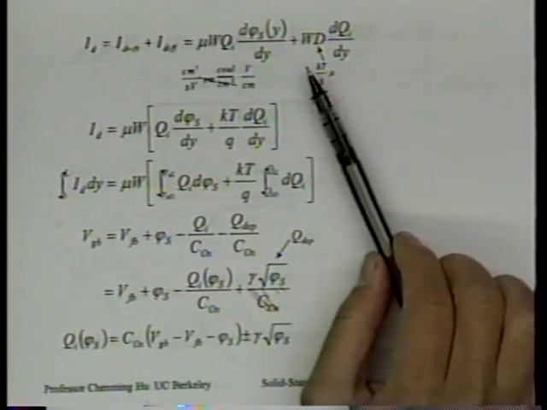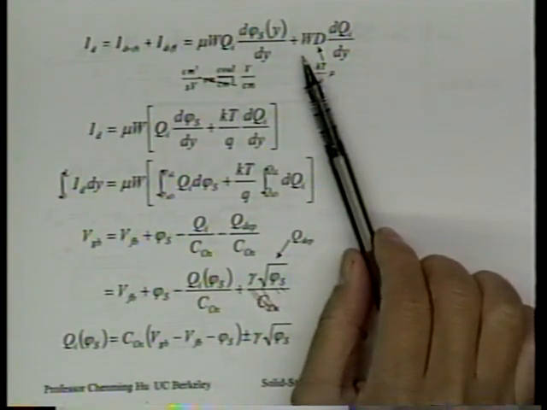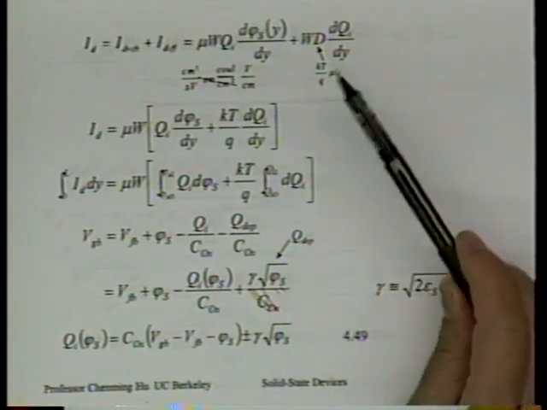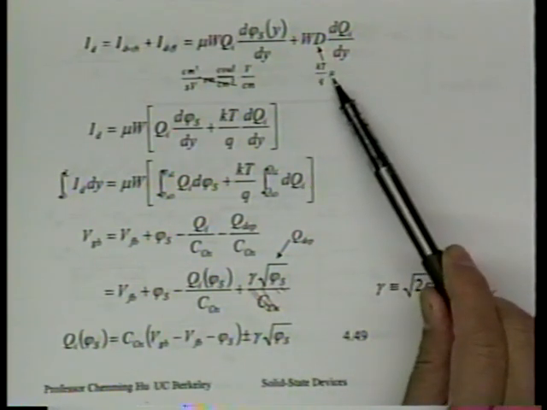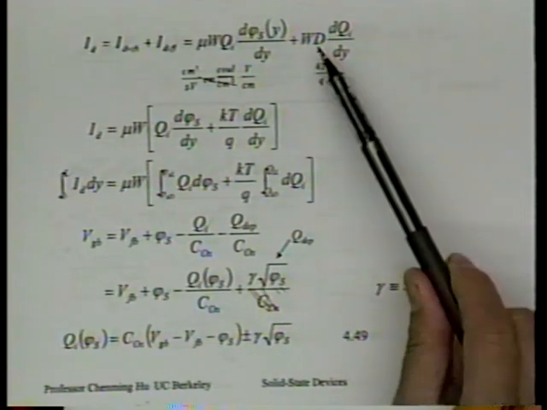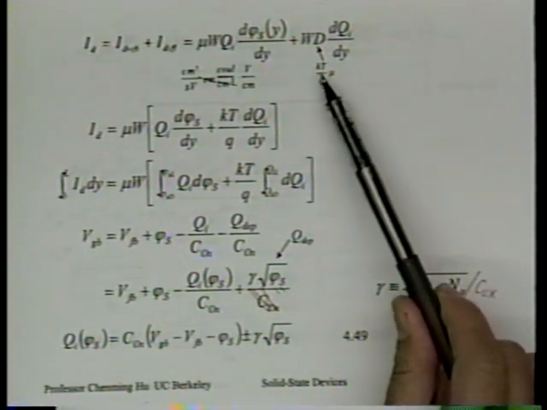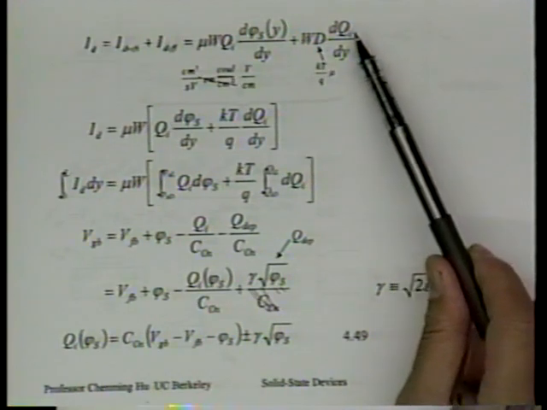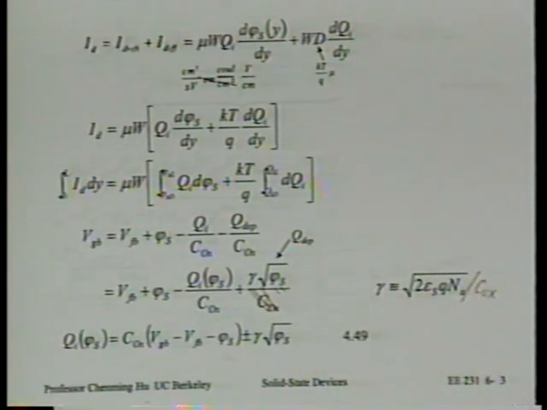What about the diffusion term? W makes sense, right? Times the diffusion constant, which is kT over Q times mu. Remember the Einstein relationship, right? So diffusion constant is equal to kT over Q times mu times dQ dy. Yes? Right? The gradient of the carrier concentration.